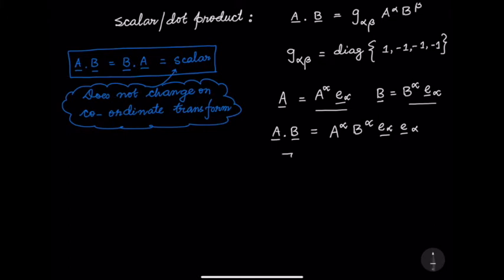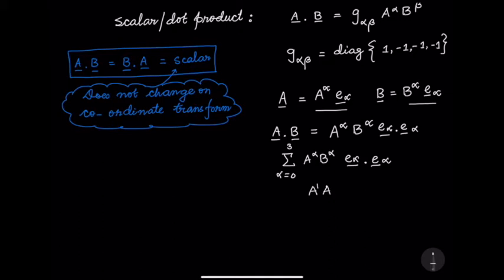So I may think that this means alpha equals 0 to 3, A alpha, B alpha. There's the dot product between the two vectors, you should write the dot.